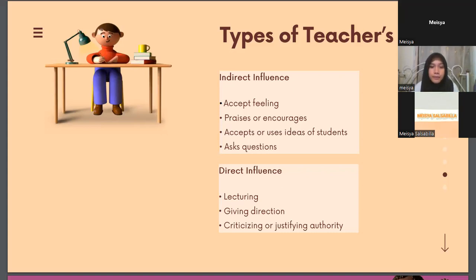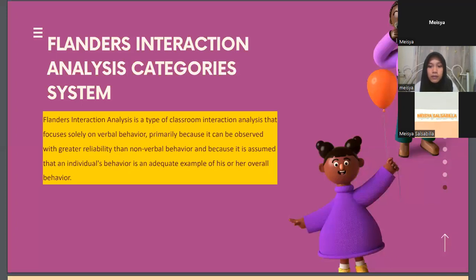The next is the Flanders interactions analysis category system. This is classroom interaction analysis that focuses solely on verbal behavior, primarily because it can be observed with greater reliability than nonverbal behavior, and because it is assumed that an individual's verbal behavior is an adequate example of his or her overall behavior.